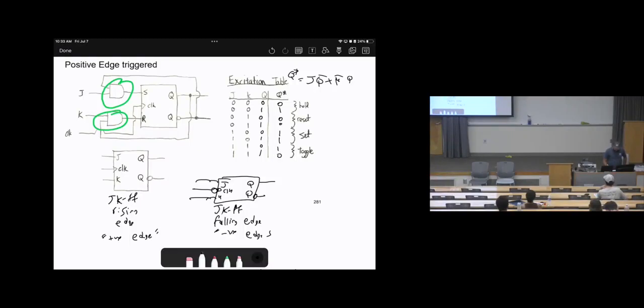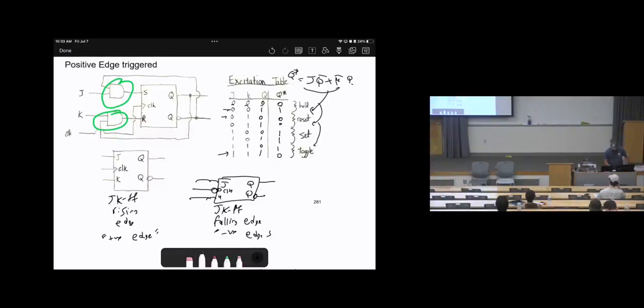Again, here I draw it based on how I understand the flip-flop. If you're afraid to get confused, use this formula and you will get the same answer. Substitute 0, 0, 0, you will get 0. Substitute 0, 0, 1, you will get 1. Substitute 0, 1, 0 in the equation, then you can get it. Or if you want to verify your answer, let's verify the last one.